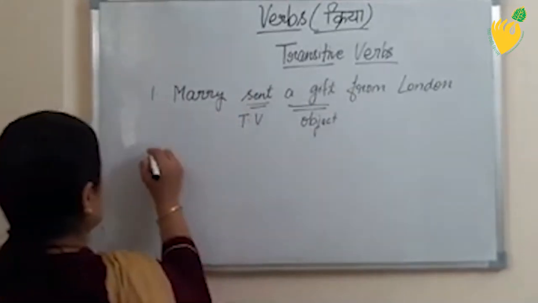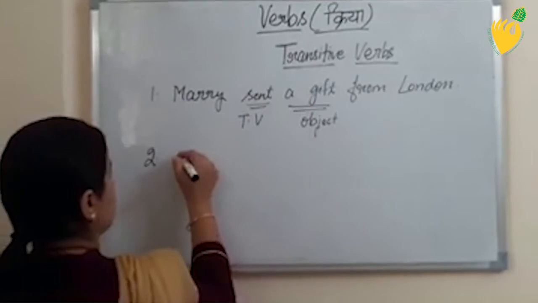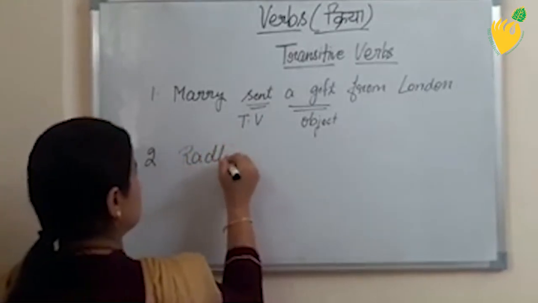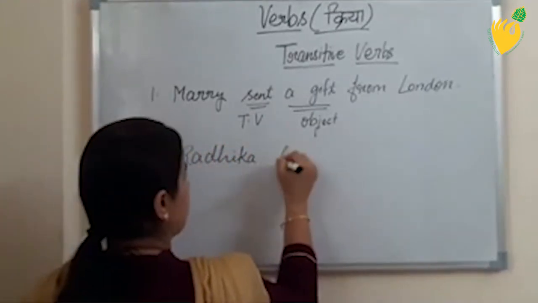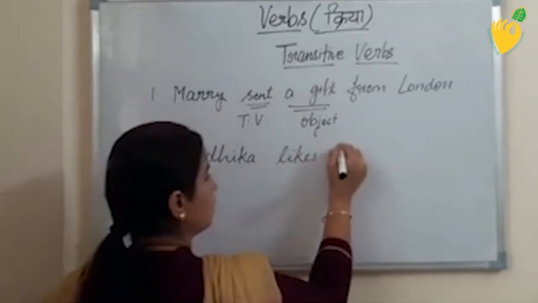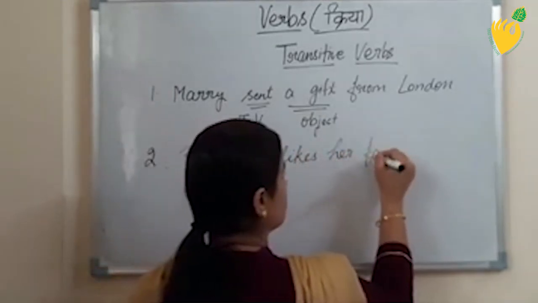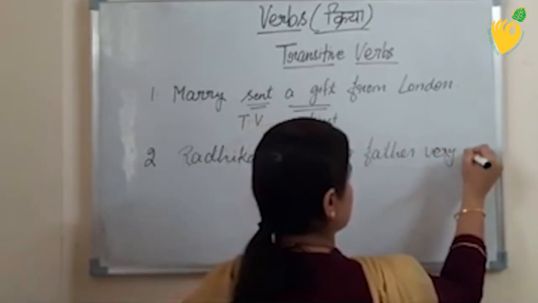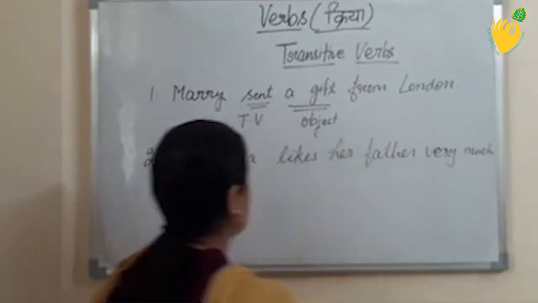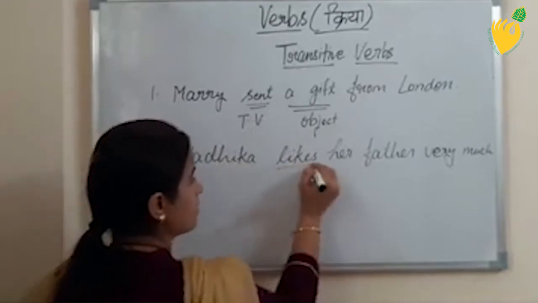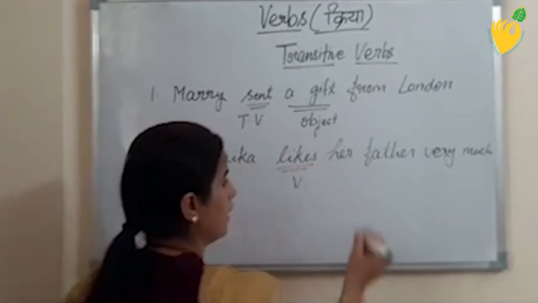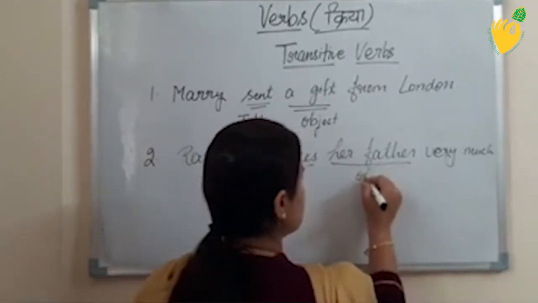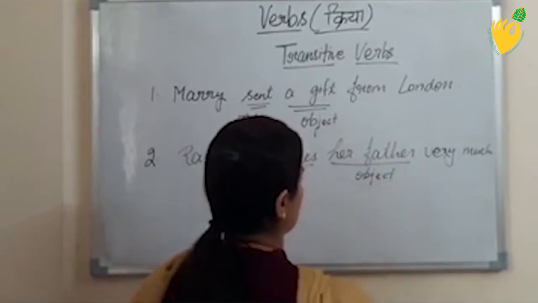Next example, Radhika likes her father very much. Now in this sentence, likes is the verb and her father is the object.